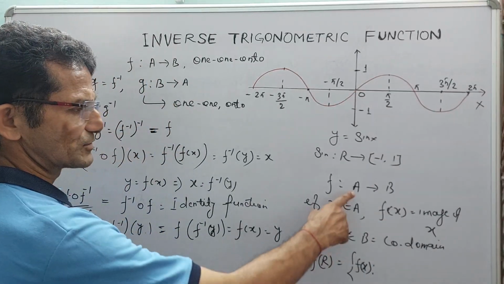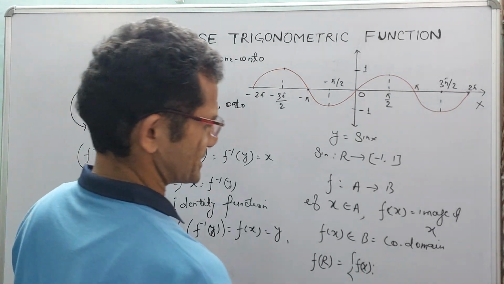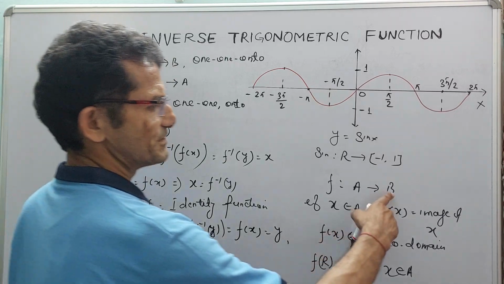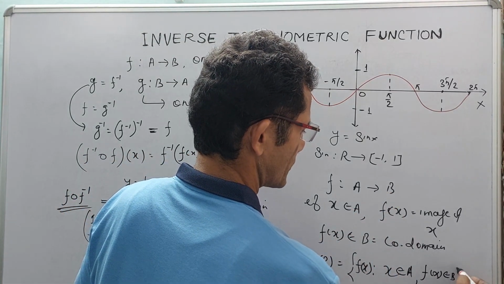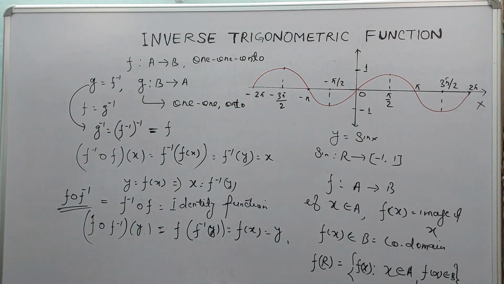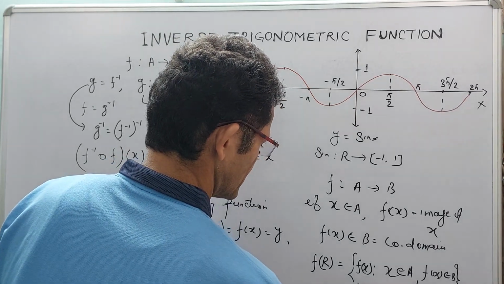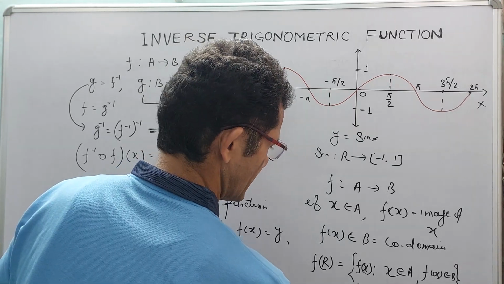So the range elements will be f(x) such that x belongs to the set A and f(x) belongs to the codomain of these functions. So this is the range of f. This set includes the range elements of the function f.